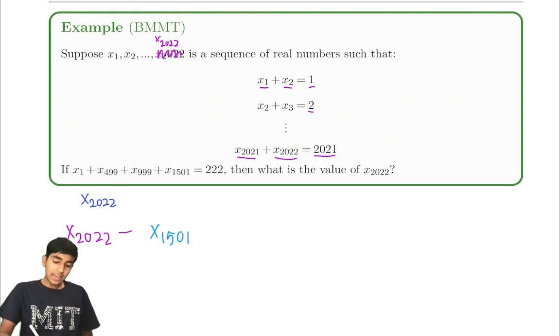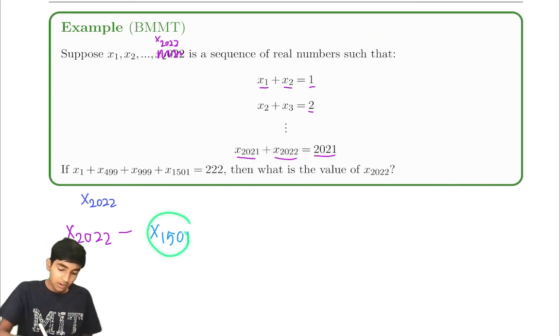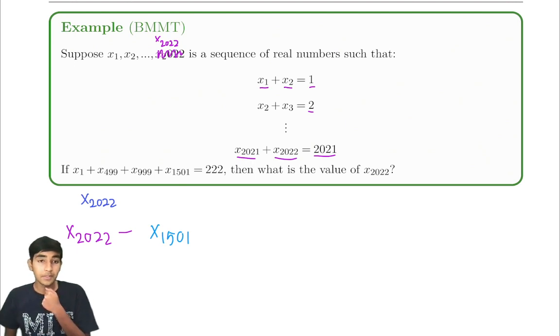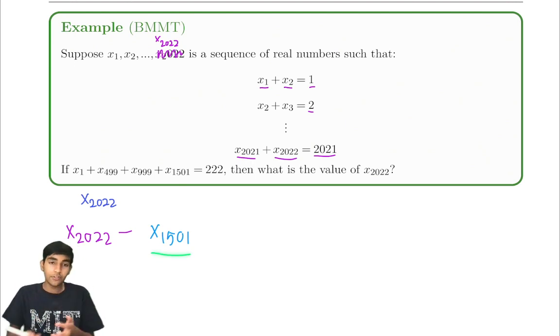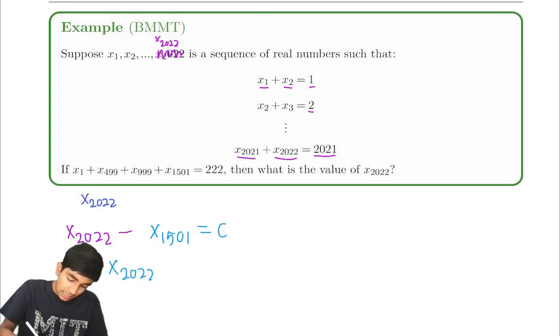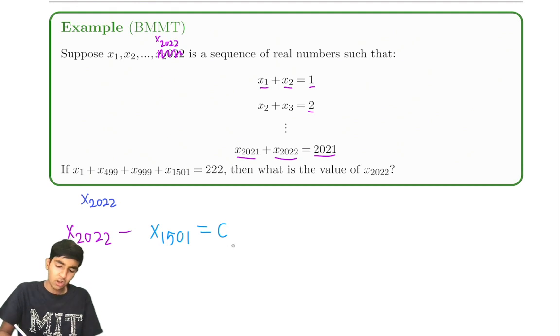So if we can find this expression, x of 2022 minus x of 1501, then we can express x of 1501 in terms of x of 2022, right? Because if this is equal to some constant, then now we have x of 2022 equals x of that thing plus constant. So is it even possible to find this constant?